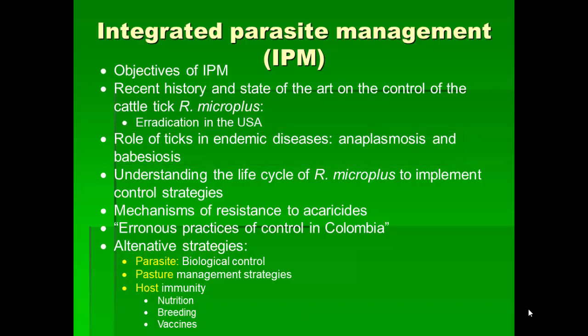In order to control ticks whenever drugs may no longer work, we will briefly revise the life cycle of the tick and what other control measures can be implemented at each one of those life stages. At least in Colombia, most drugs are no longer effective to control ticks, and I would like to show the different mechanisms by which those parasites have become resistant.